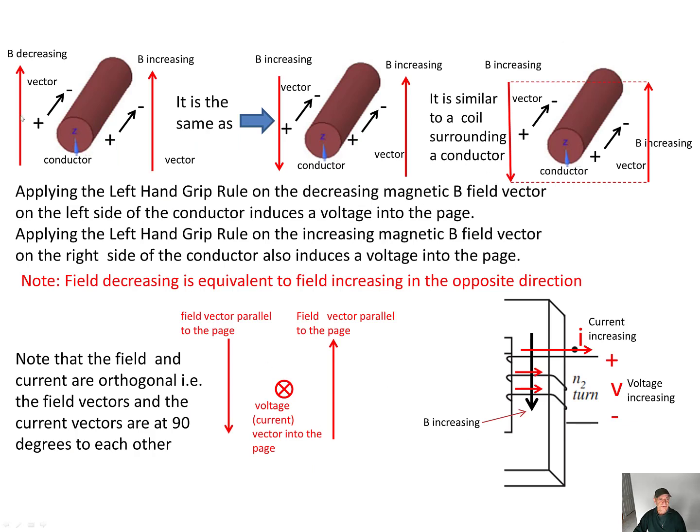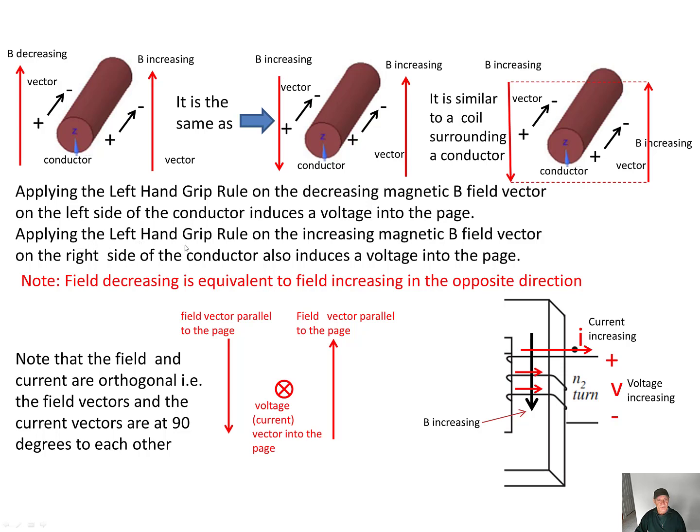So reviewing, on the left hand side you've got the B field decreasing, and on the right hand side we have the B field increasing. So they both induce the same polarity on a conductor. Applying the left hand grip rule on the decreasing magnetic B field on the left side of the conductor induces a voltage into the page.